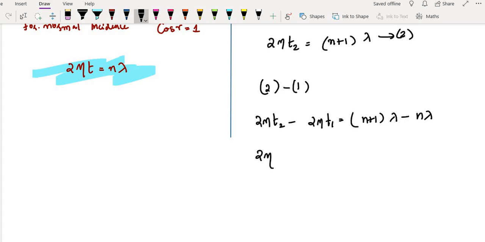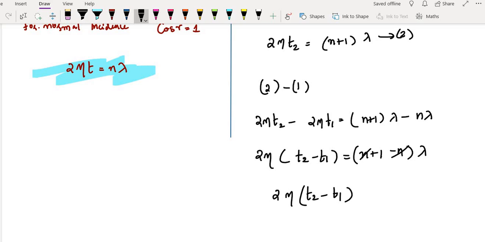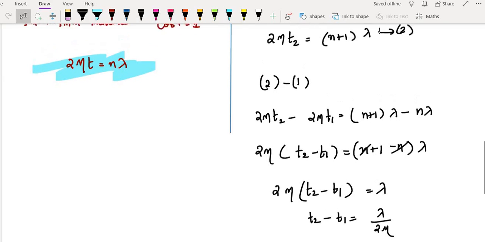That is 2 mu into T2 minus T1 is equal to n plus 1 minus n, lambda being common. The n cancels, so 2 mu into T2 minus T1 is equal to lambda, and T2 minus T1 is equal to lambda divided by 2 mu.